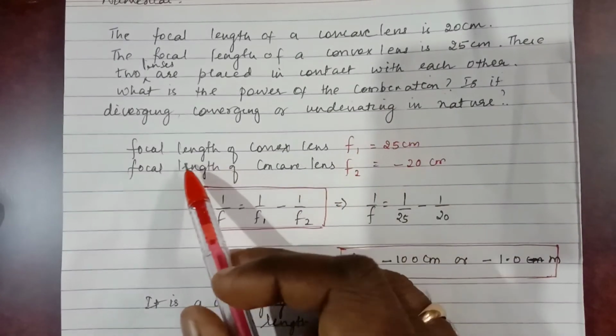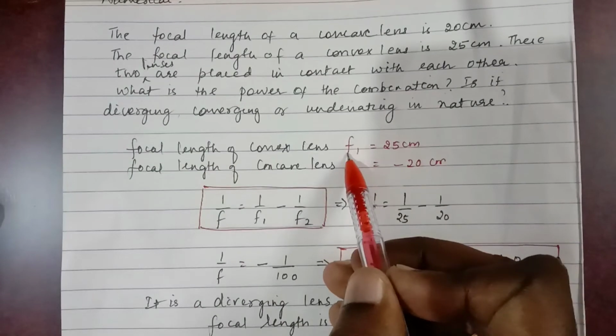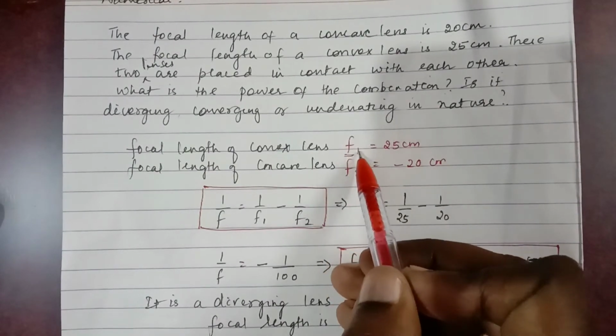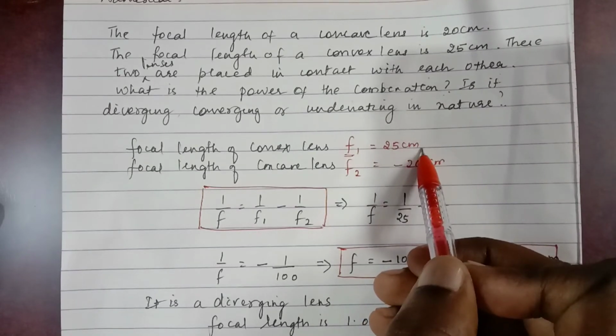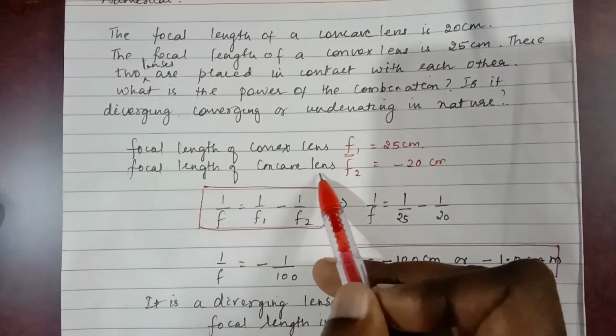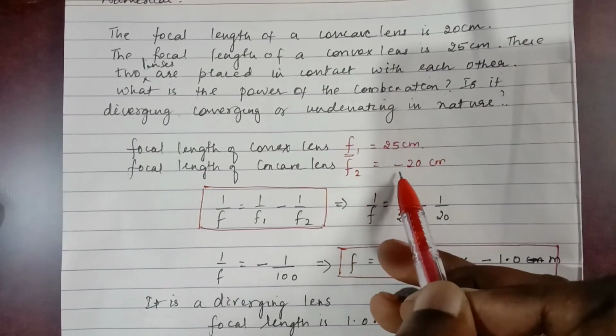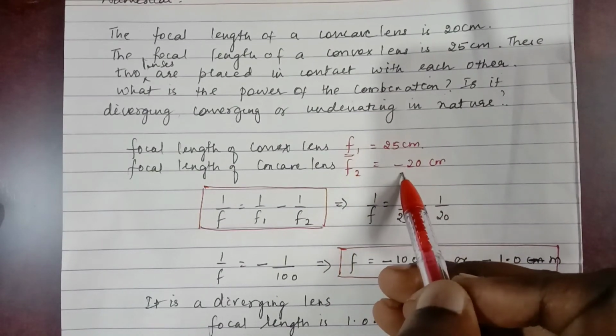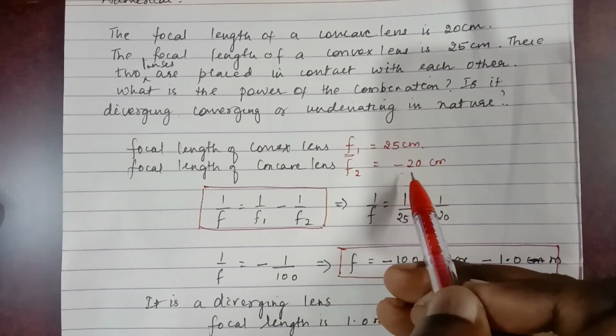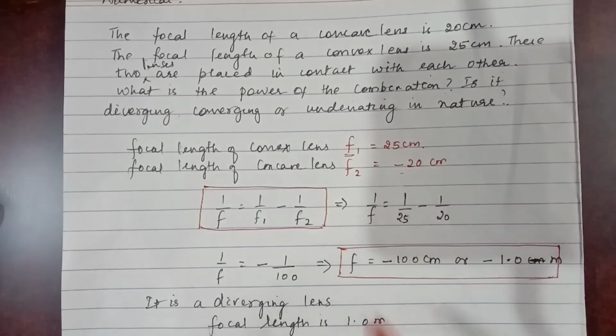So I told you the focal length of the convex lens we are taking as f1 and it is positive. So it is plus 25 centimeter. Again, the focal length of the concave lens, let it be f2, it is minus because the focal length of a concave lens is negative. So it is minus 20 centimeter.